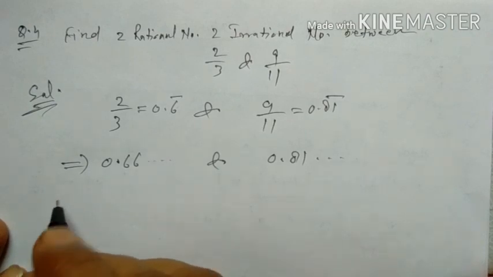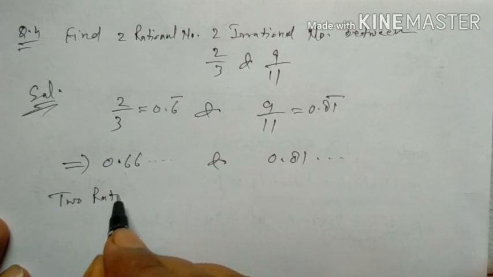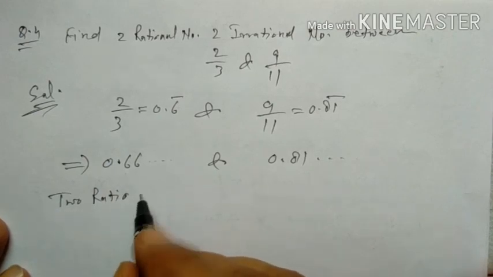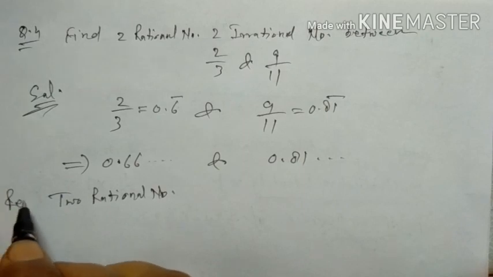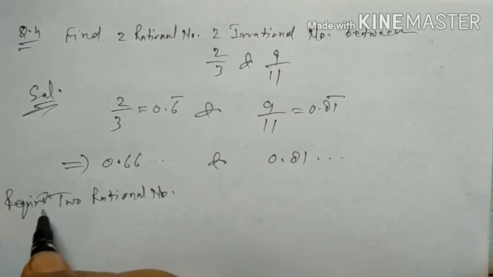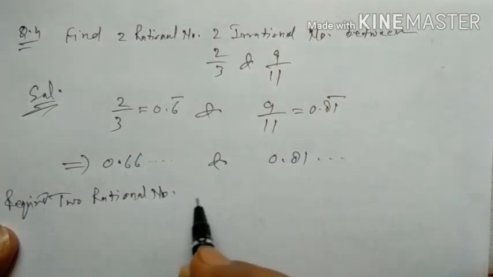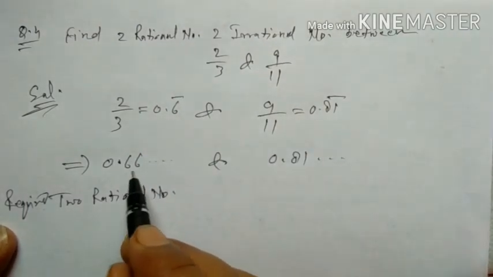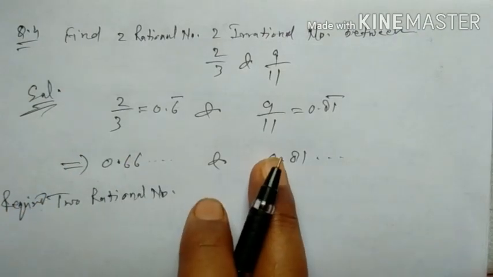Now write the two required rational numbers between these two numbers. After removing the 0, this is 66 and this is 81.